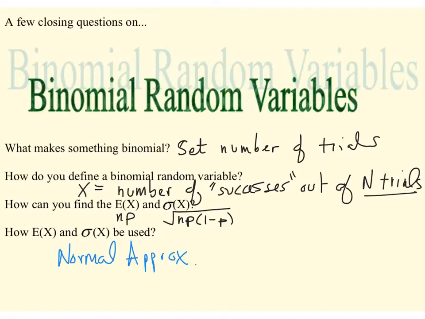So for example, in the previous video, the example with the smokers, if instead of interviewing 5, I'd interviewed 1,000, I said, what's the probability between 200 and 400 said that they would say they were smokers? You would calculate the expected value and standard deviation and know that the binomial distribution approaches, it's very mound-shaped around its expected value, and it approaches the normal curve.